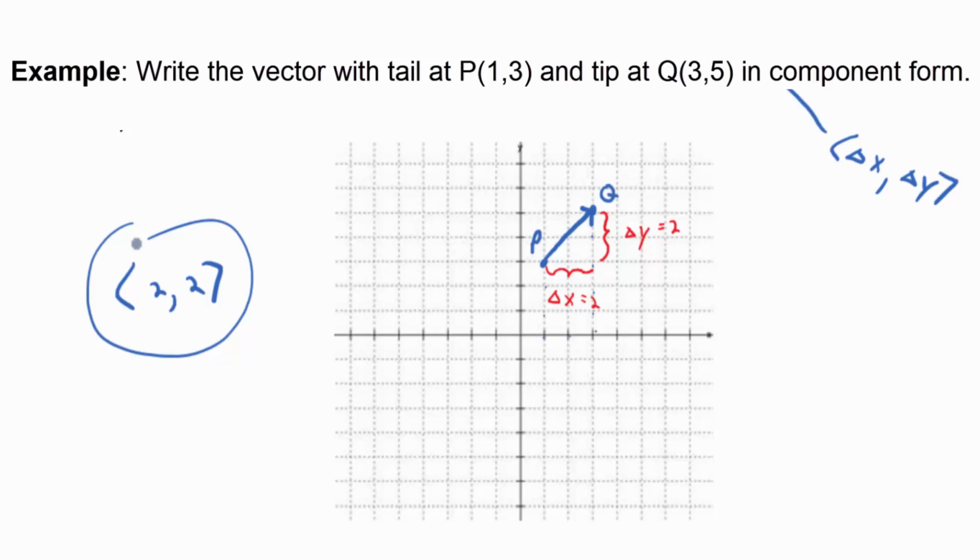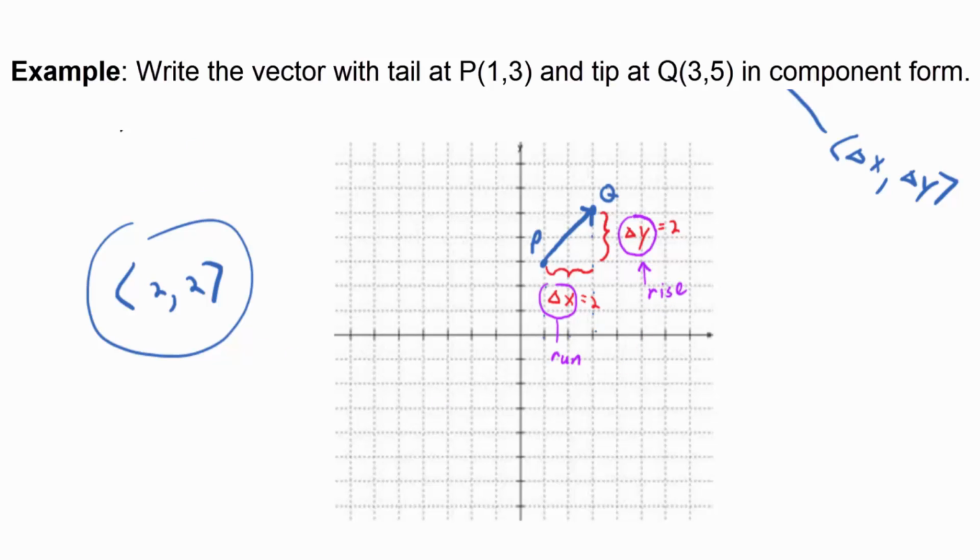So what's the formula? You guys know the slope formula, right? M is rise over run. Let's use what we know and connect it with what we're doing here. With regard to slope, you're used to calling delta x the run, and in the past, we have called delta y the rise.